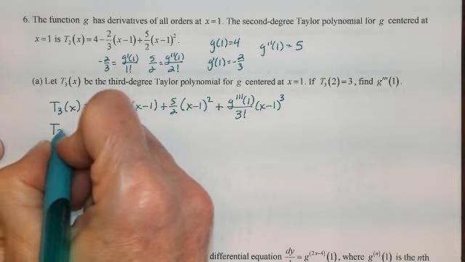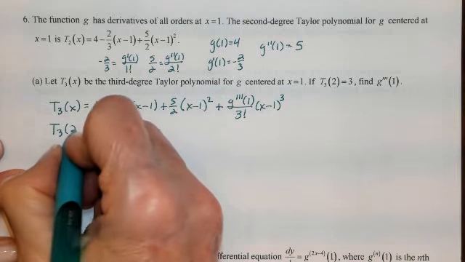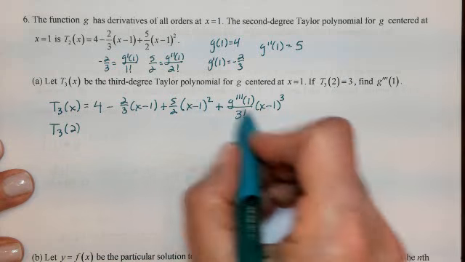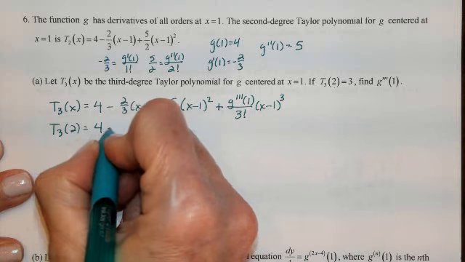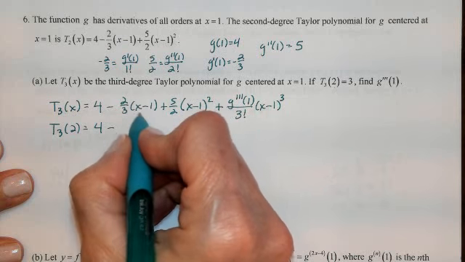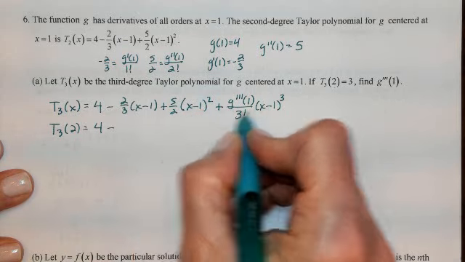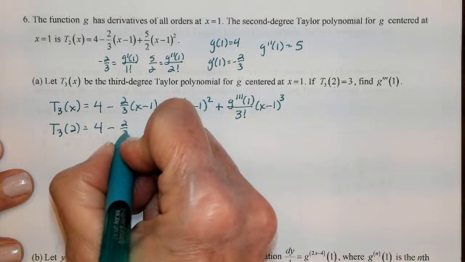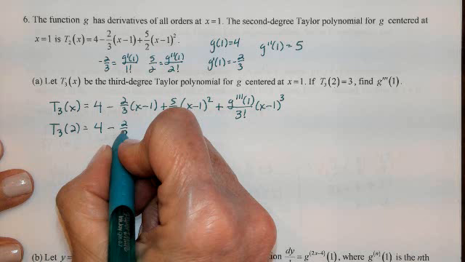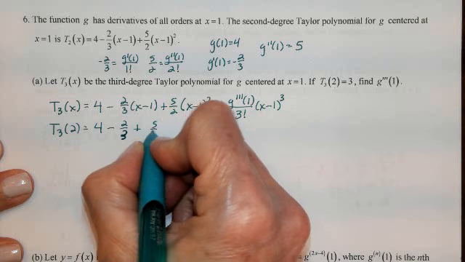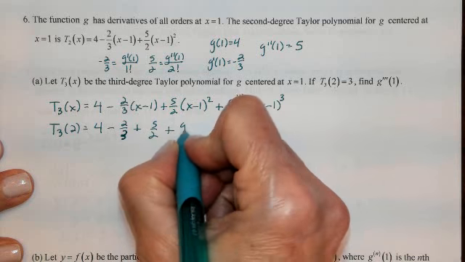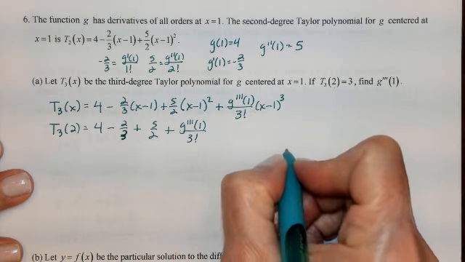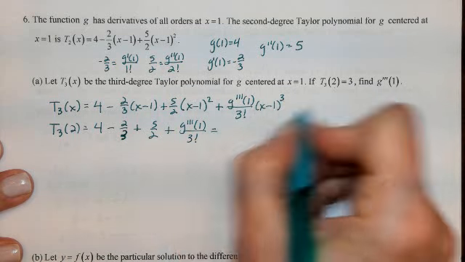They tell me what happens if they put 2 in for x. If we put 2 in for x, we get 3 for that value. So this would be 4 minus, if I put 2 in for x, each of these parentheses will be just a 1. So this will be negative 2/3, plus 5/2 plus g triple prime at 1 over 3 factorial, and that will equal 3.